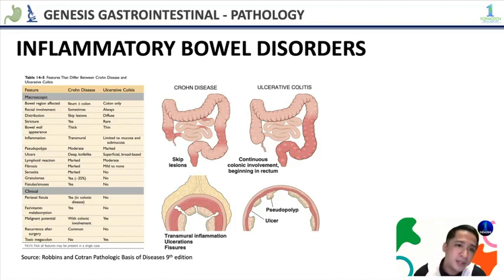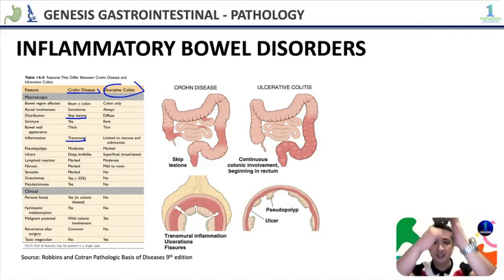So this table lifted from Robbins will show the difference between Crohn's disease and ulcerative colitis. In Crohn's disease, the keyword you should remember is skip lesions. Inflammation, in terms of depth, is transmural in Crohn's disease.